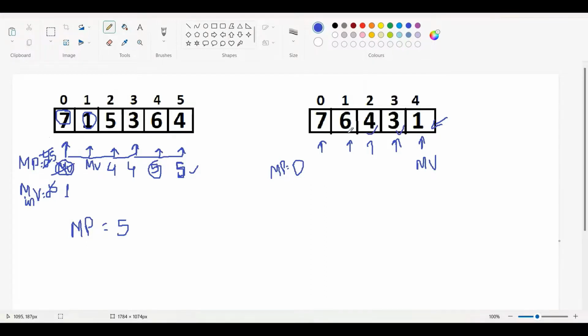Whatever maximum sale we have, we are going to check whether we can make a profit by purchasing in the past and selling on a particular day. So the maximum sale in this case will be 7, and we can't purchase before it because it is at index 0.